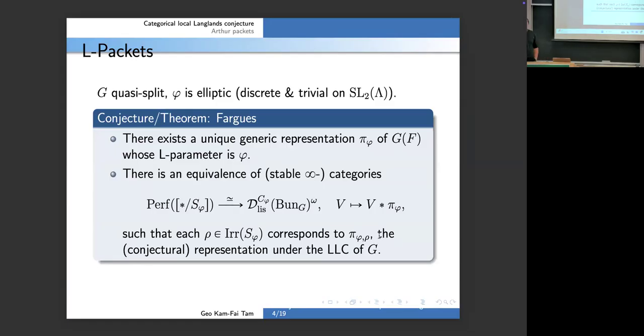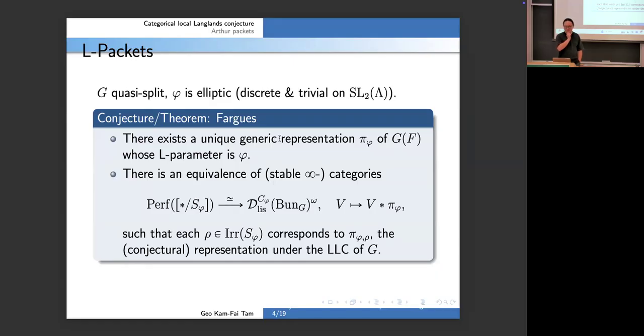Which one? S_varphi, yeah. This is the centralizer group of varphi in G-hat. Yes, pi_0. I'm sorry about the first bullet. You are assuming the Langlands classification? I think so.